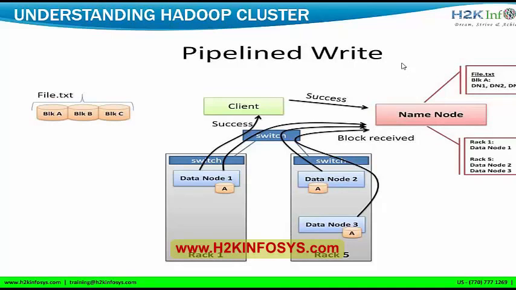Once all the blocks were done, name node will update its metadata: there is one file called file.txt and it has a block A, and it is written to data node 1, 2 and 3. It will repeat the same for block B and block C, block B is stored in these data nodes, block C is stored on those data nodes. So it will go and update its metadata.